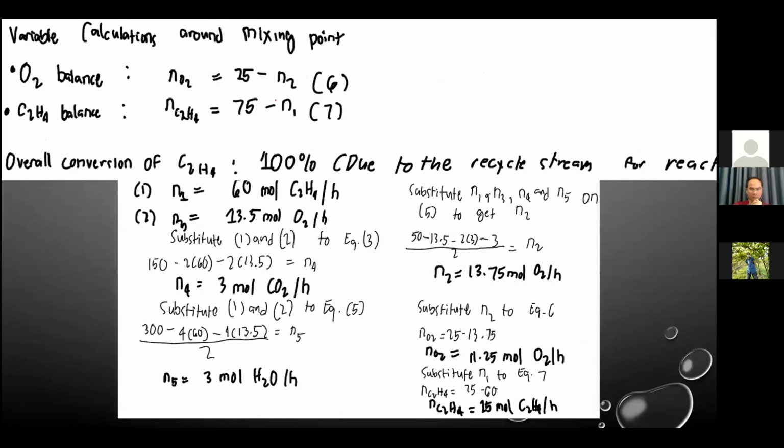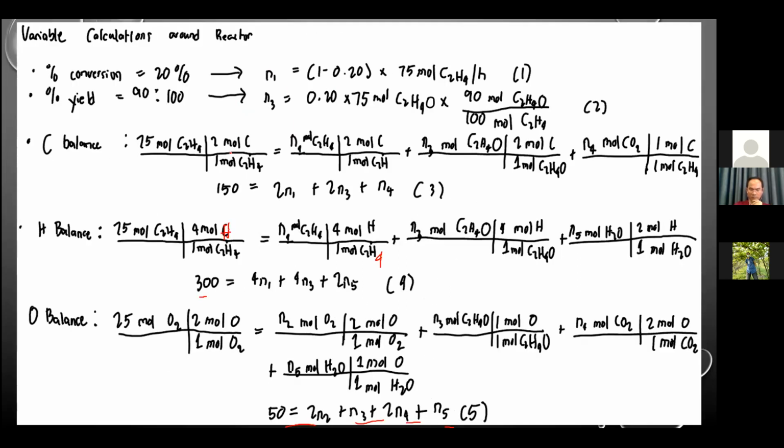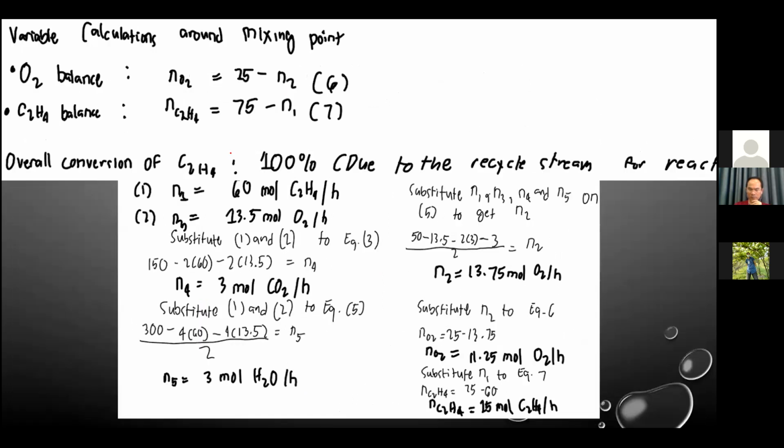So as we know, after we solve the variable calculations around the reactor, we need to solve the variable calculation around the mixing point, so we can also solve the missing variables around there.